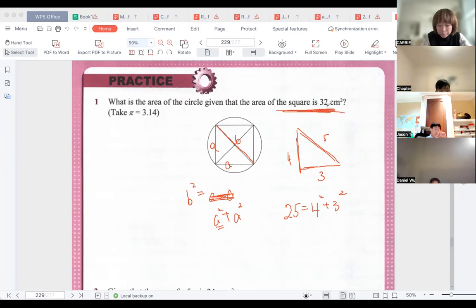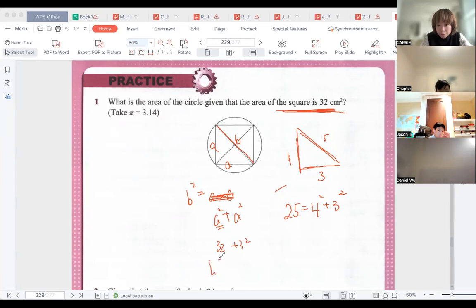What does the area of the square is 32 mean? It means A squared is 32. Yes, A squared is 32. Get it, Chapter? Because it's A times A equals the square area.